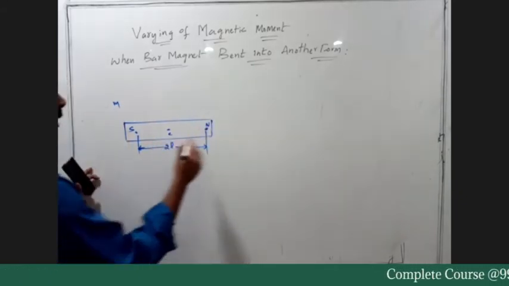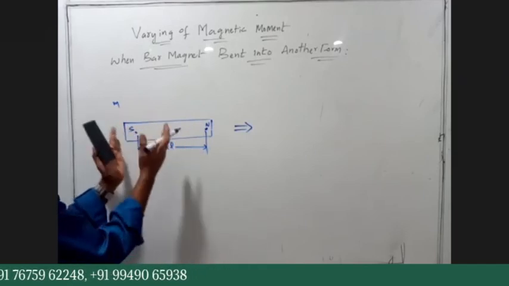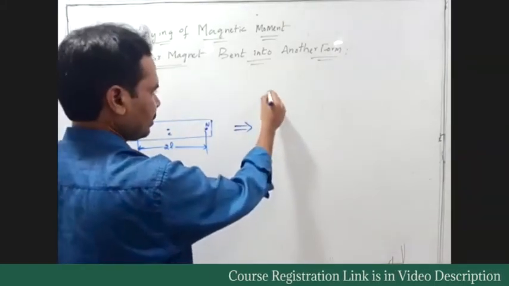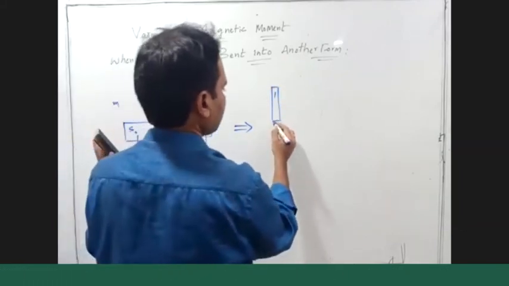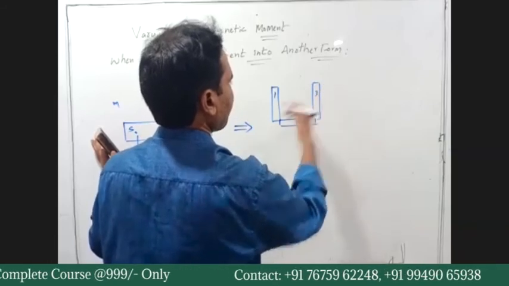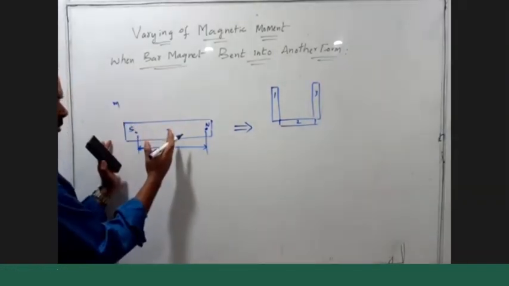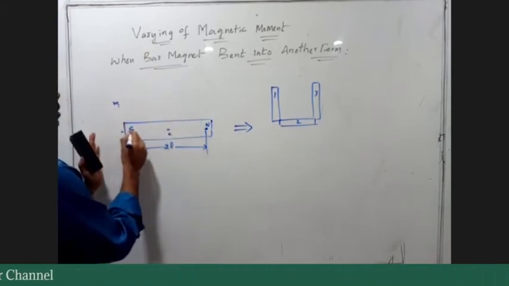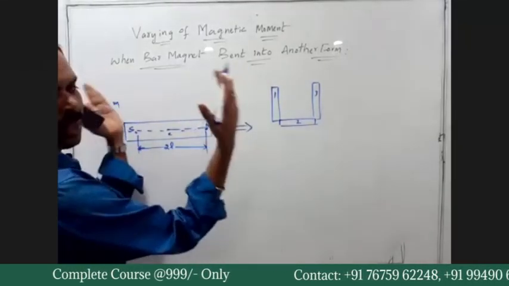Now this bar magnet I am cutting into 3 equal parts and arranging them like this: this is part 1, this is part 2, this is part 3. First of all, I am bending it into 3 equal parts in the perpendicular direction. The parts on either side I am bending into the vertical.